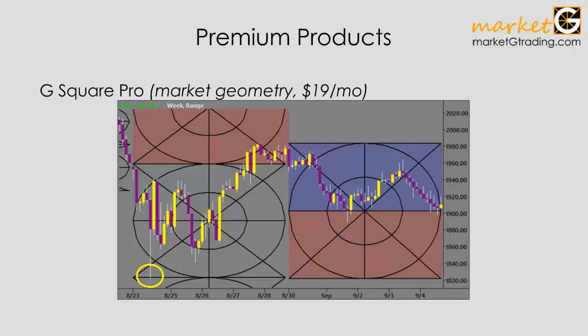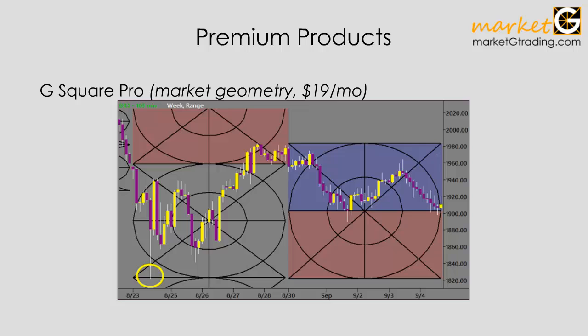Briefly, I want to run through my other products on the Trading App Store just so you can see the perspective from which I come. Most people think of me as the market geometry guy, and my product on the Trading App Store that's geometry is called G-Square Pro. The picture I picked for you here today is actually the flash crash from back in August.